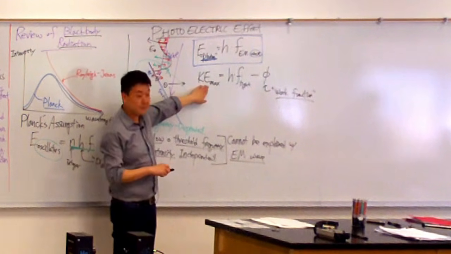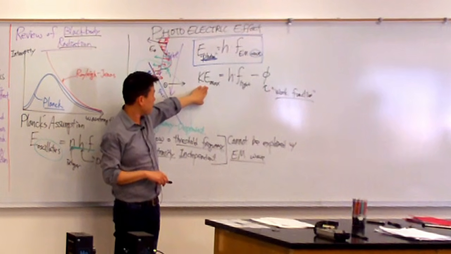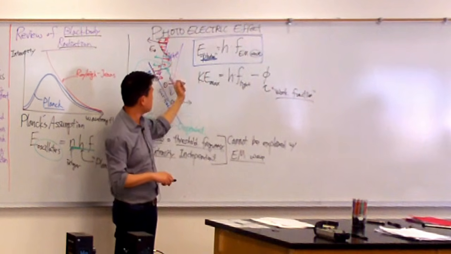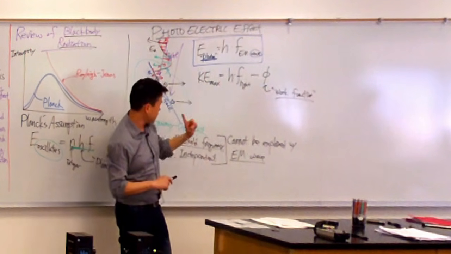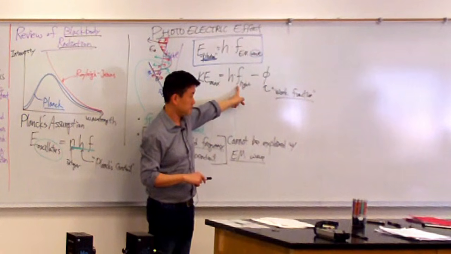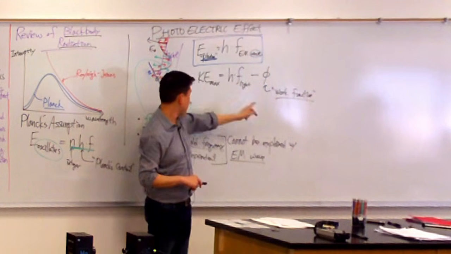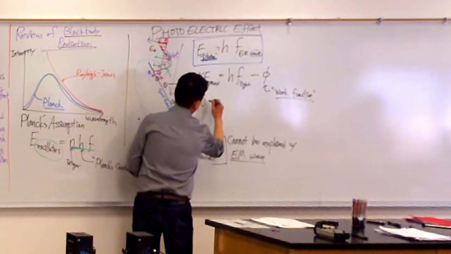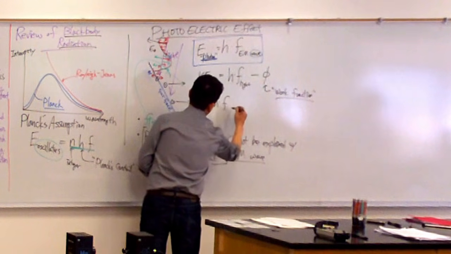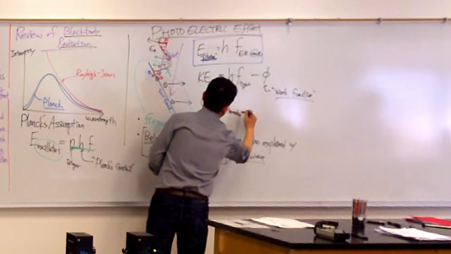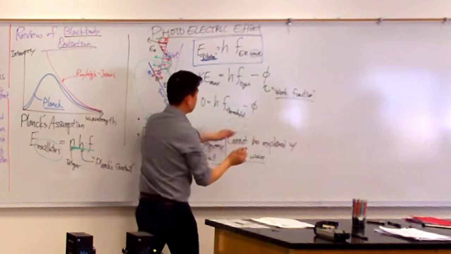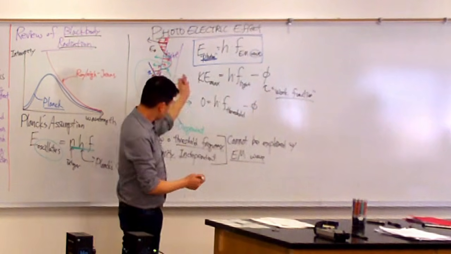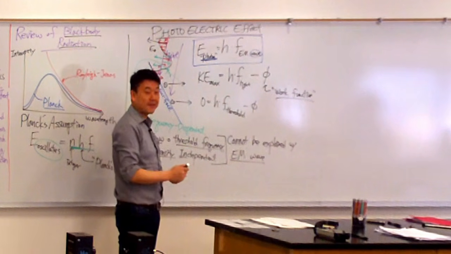This is the prediction: the maximum kinetic energy of the particle popping out would be linearly dependent on the frequency, down to the threshold frequency, where you would have zero maximum kinetic energy, that would be h times the threshold frequency. So this would be a way of figuring out what the work function is. That's Einstein's theoretical prediction, surprisingly simple.